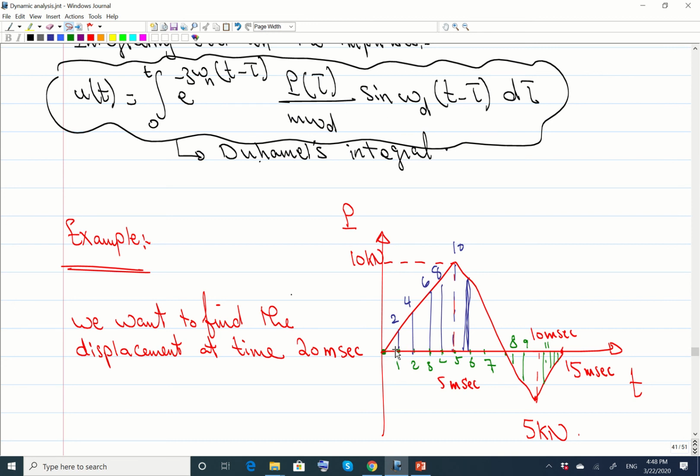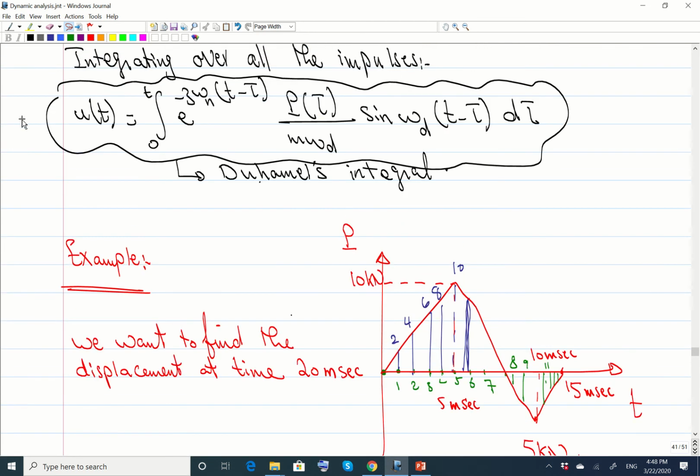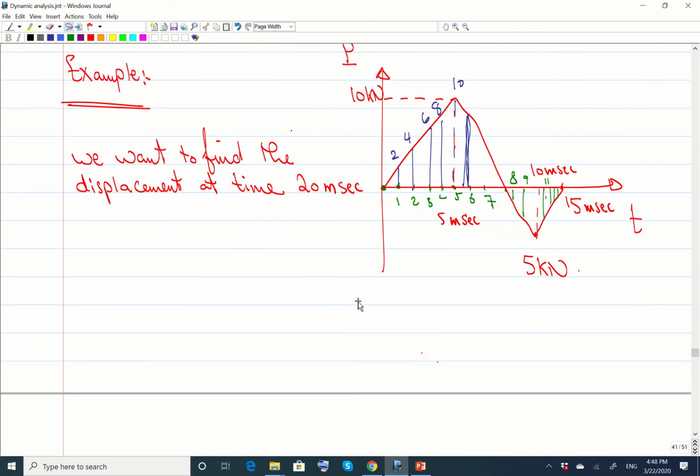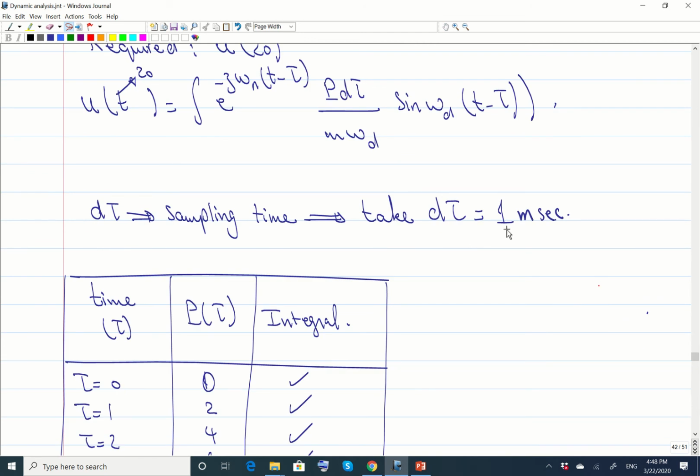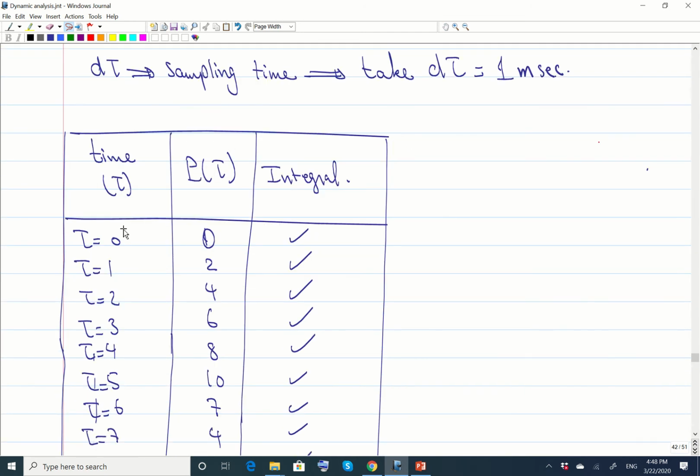So each time you're changing tau in this equation, and then you're going to find this value without the integration. There is no integration. The integration is simply the summation of all of those. And then d tau becomes delta t. So simply, this d tau is equal to 1, so you calculate p of tau.